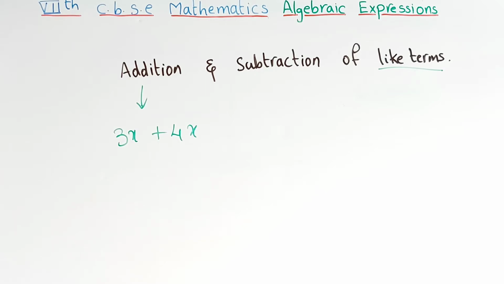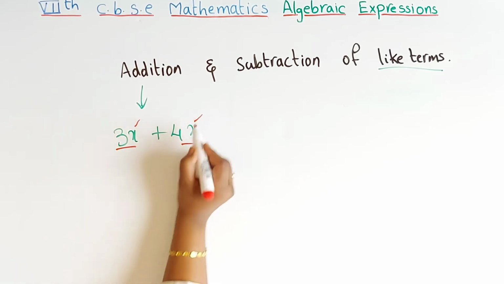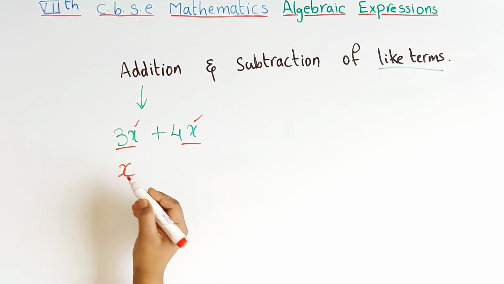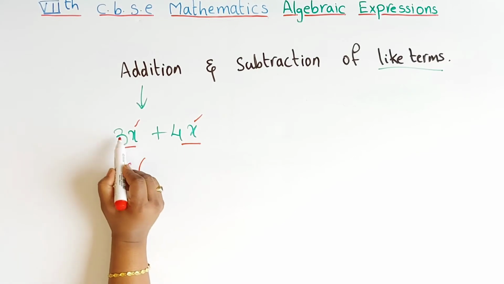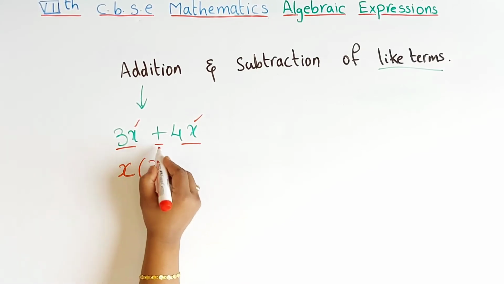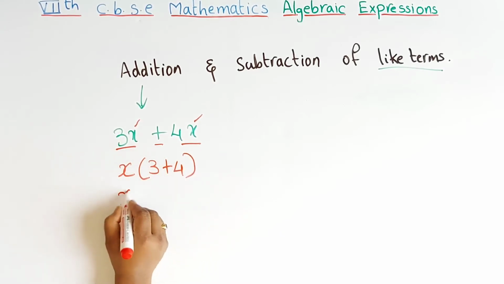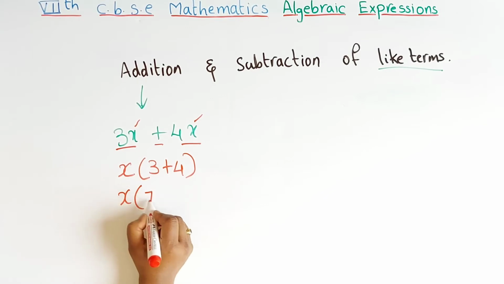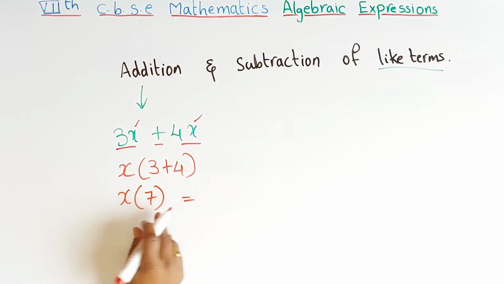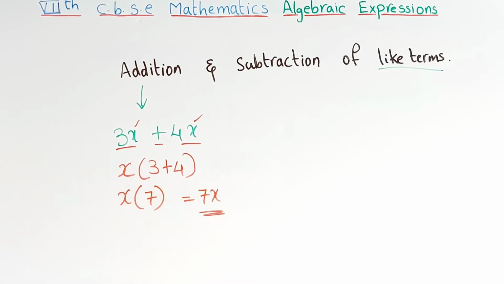In these two terms we have x common. Right, children? So write x separately, and the remaining numbers are 3, operation plus, and 4. X into 3 plus 4 is 7. Now what is the answer? 7 into x is 7x. Right? Like this we have to do.